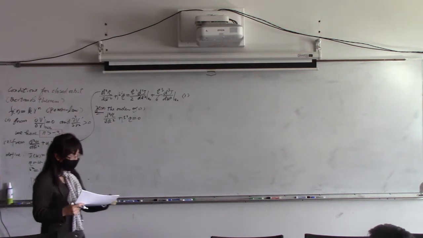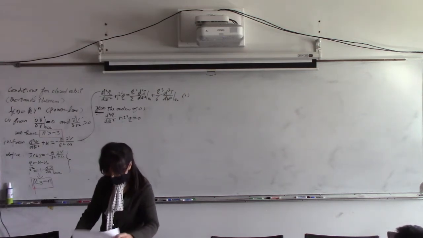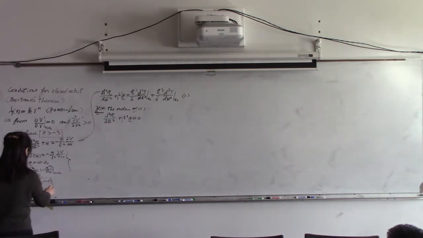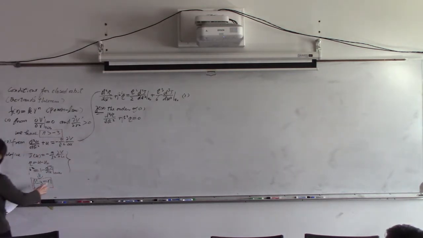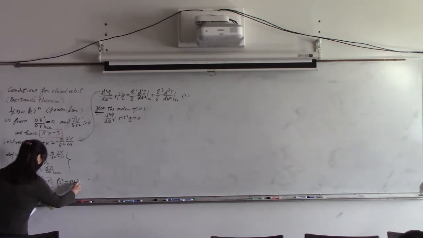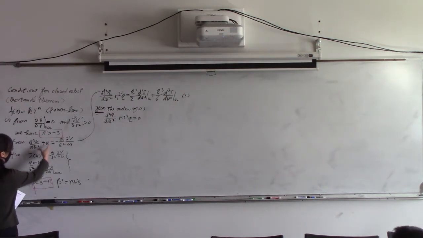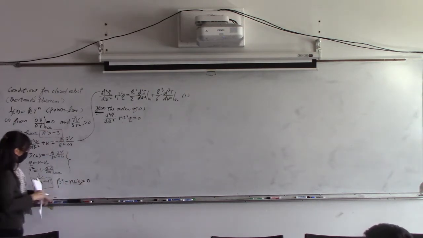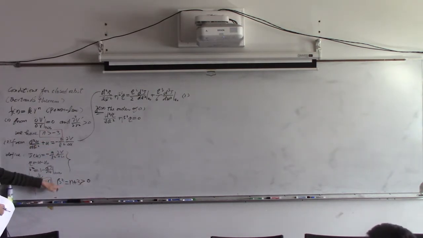So we have the behavior of eta. Since beta squared is n plus 3, and n should be larger than negative 3, so this should be larger than 0, right? It is required. If n is larger than -3, then this will be larger than 0.